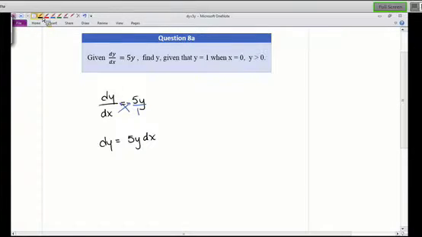Notice that you have dy on the left and y on the right, so we want to get y on the same side as dy. Let's divide both sides by y. We get 1 over y dy is equal to 5 dx. Any questions so far?